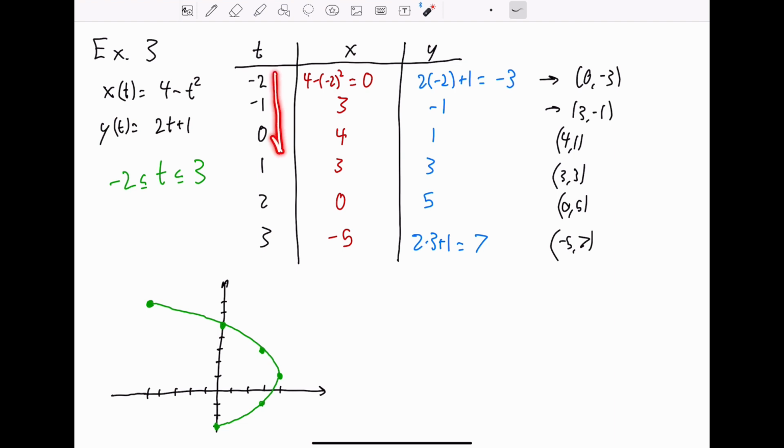So as t gets bigger, the points move from down here, moving around the curve this direction. So we can indicate a direction to this curve by adding an arrow here. So the curve is traced out in that direction. And we can imagine that this could be describing the trajectory of some object. The arrow here tells us which direction it's going. Parametric equations are very useful for describing trajectories.